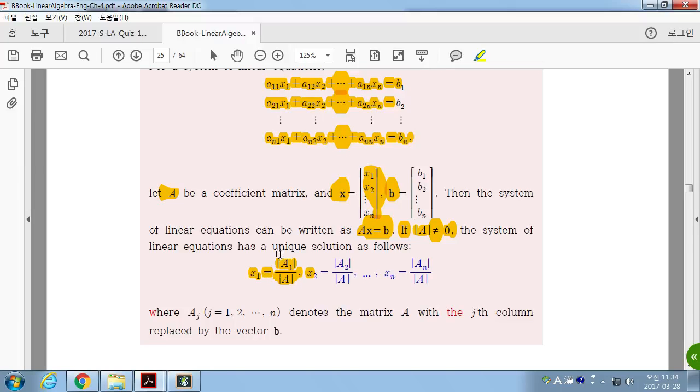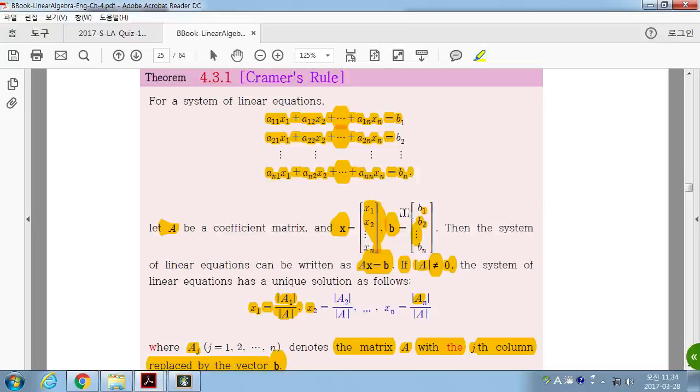X1 is the determinant of A1 over the determinant of A, where A1 is the matrix with the first column replaced by the vector B. And A2 is the same for the second column. An is the matrix A with the nth column replaced by the vector B. This is Cramer's rule.